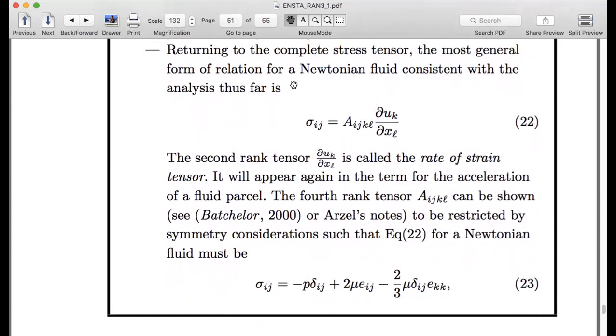So just to give you a general argument for the form of the relationship between the stress tensor and the velocity, Batchelor in his textbook shows that the most general form of this relationship between the stress tensor and the velocity gradients would be a tensor relationship of this form.